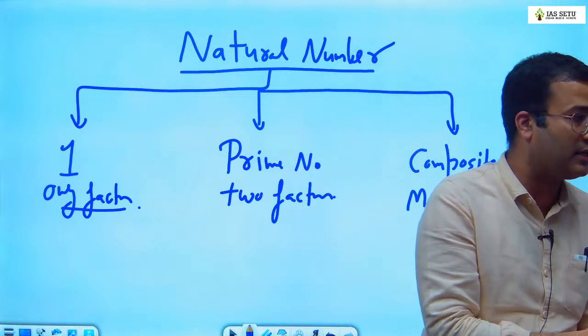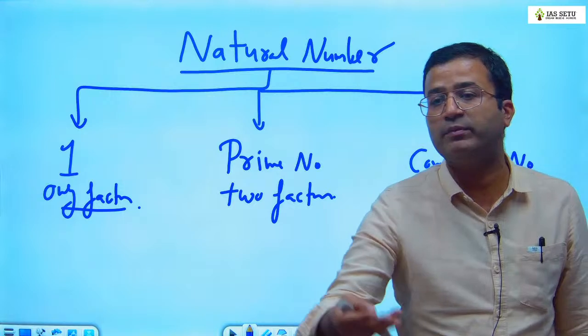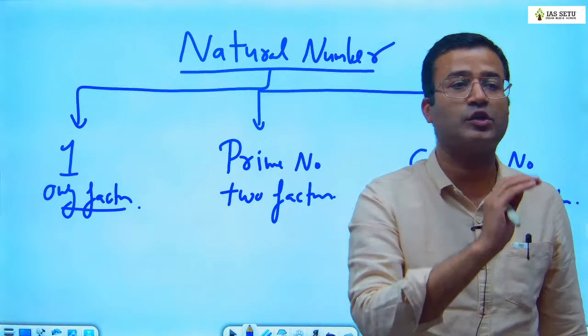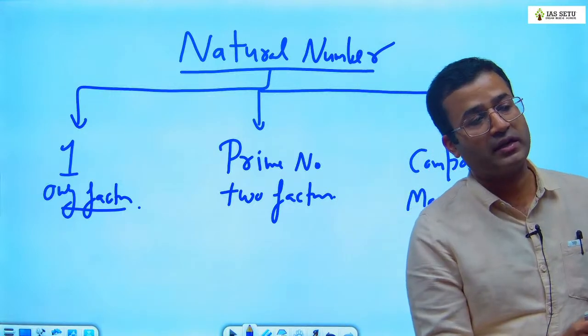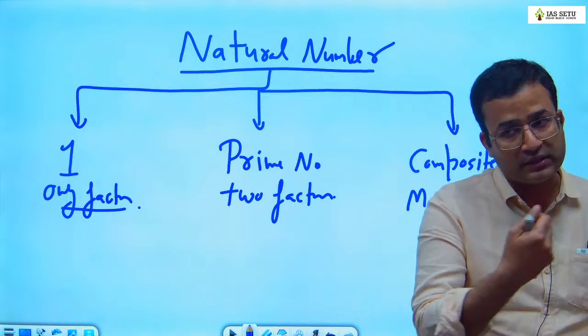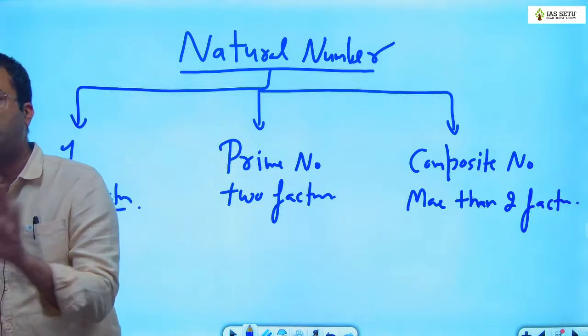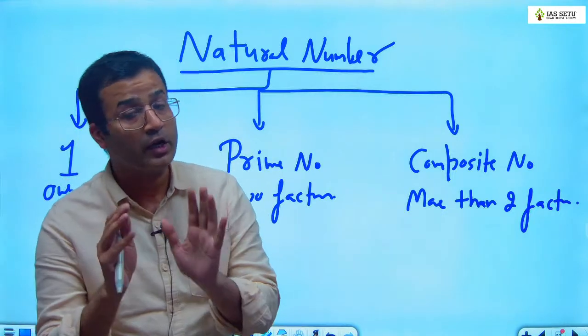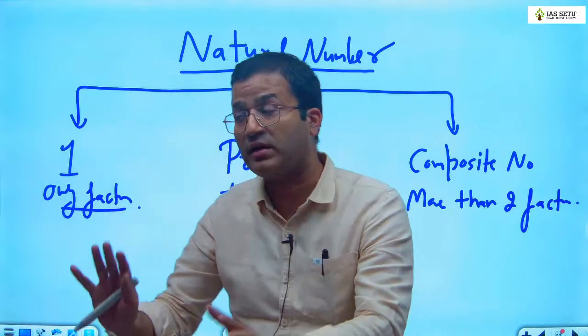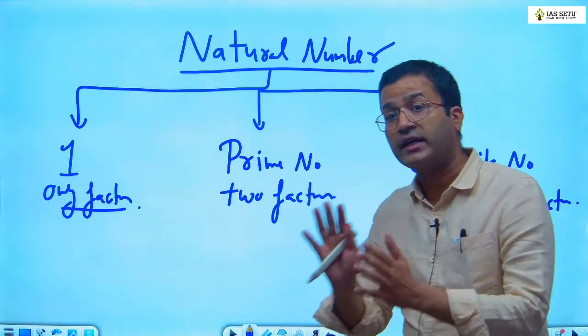Once you know the concept, you can define it in your own language, that is called definition. And in school what are we doing? Cramming definitions. Definition is not important, concept is important.